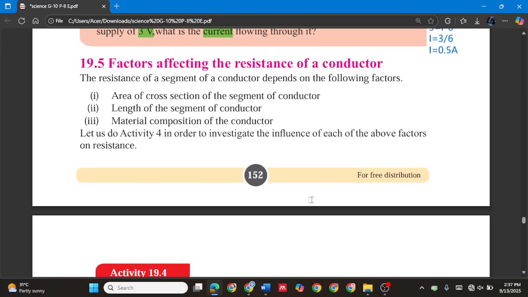Okay, now the next part is factors affecting the resistance of a conductor. The resistance of a segment of a conductor depends on the following factors. What are the factors?